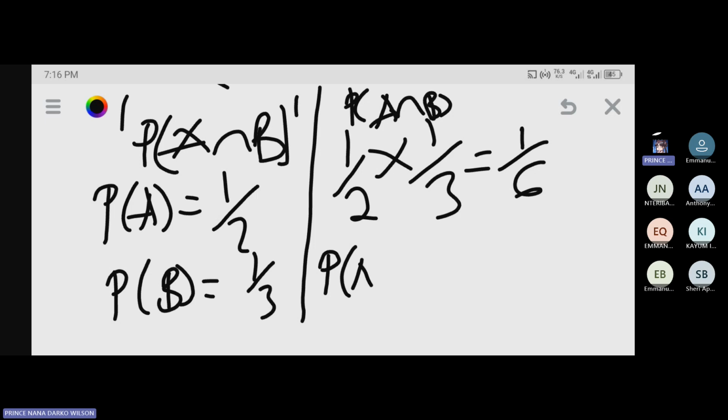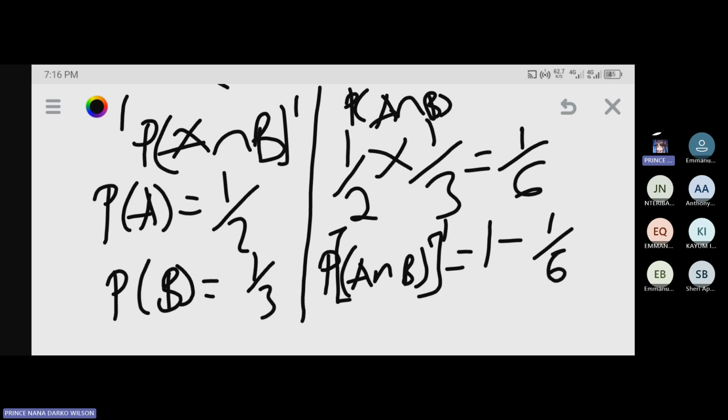Total chances, that's 1, the certainty, minus 1/6. Subtracting that gives us the value 5/6. So that is our answer. I believe you can still see my screen.